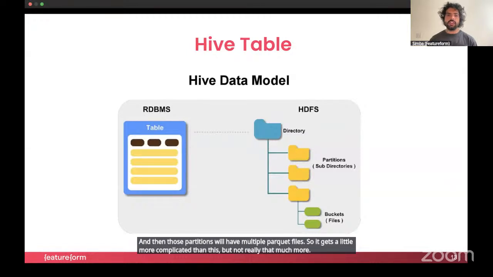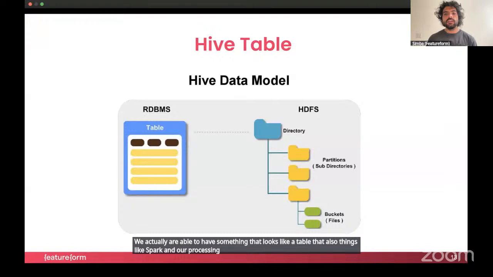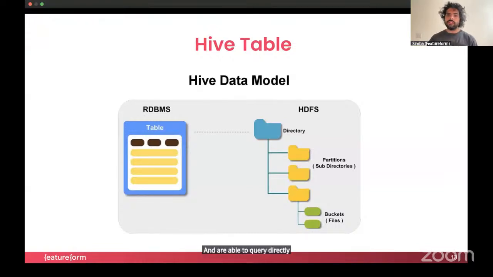But what Hive allowed for is, for once, we finally have these table formats. We actually have something that looks like a table that things like Spark and our processing engines are aware of and are able to query directly as tables and run SQL on.